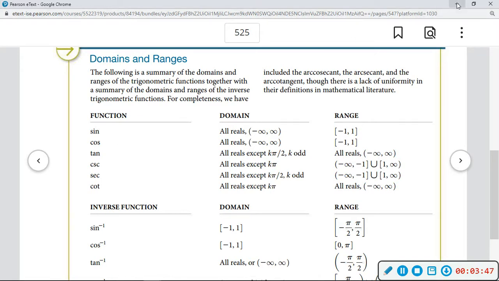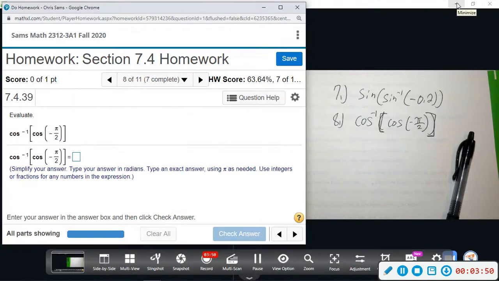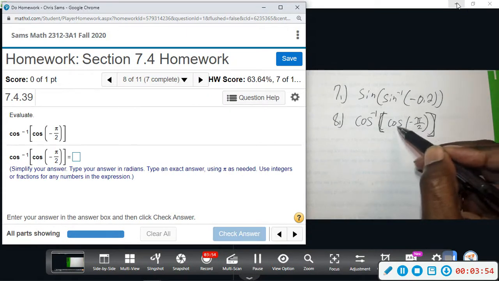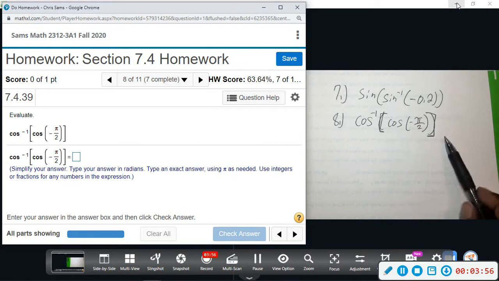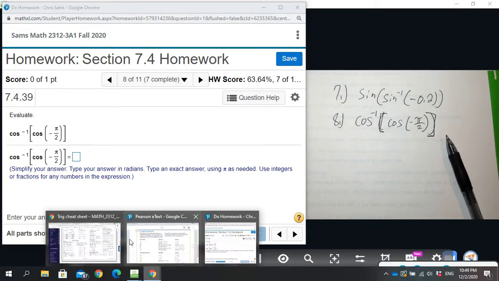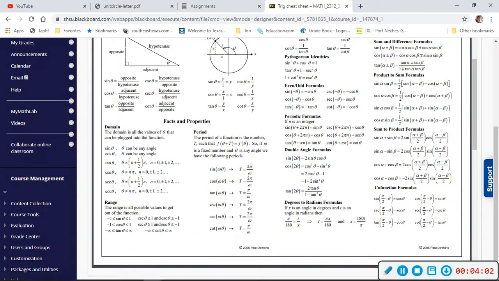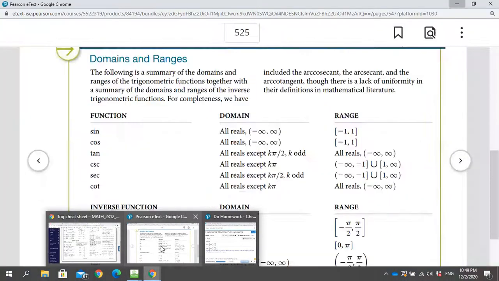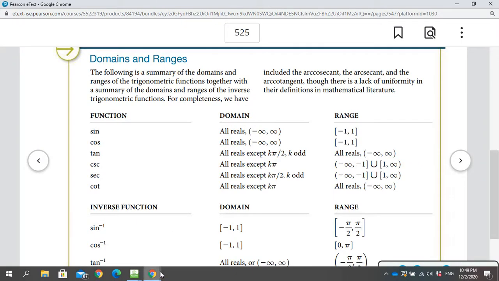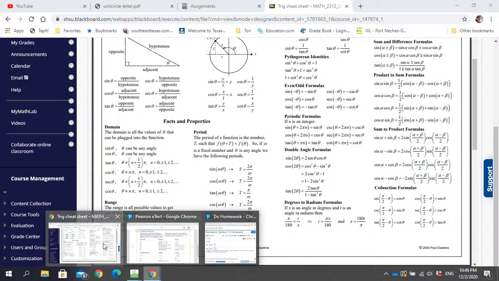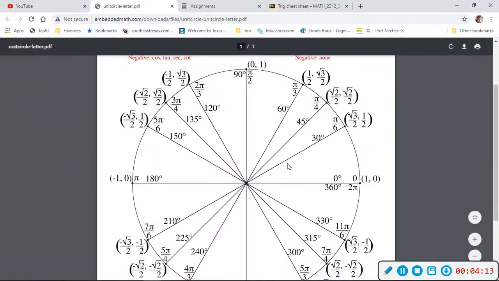So, anyway, a better way of thinking about this, just another way of doing it, is we can just actually find cosine of negative pi over 2. So, let me just show you how to do it from the unit circle. That might be even better. I want to be able to just explain it and you guys get it pretty easy, but this will work as well.